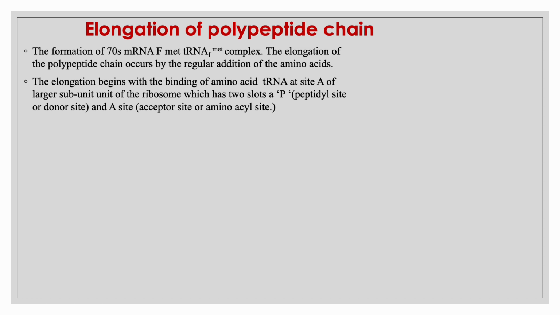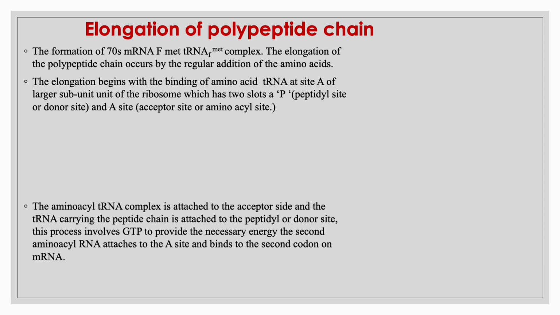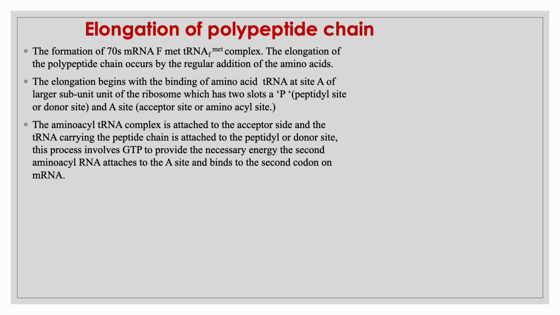The elongation begins with the binding of the amino acyl tRNA at the site A, that is the acceptor site of the larger subunit of the ribosome, which has 2 slots, P, or the peptidyl site or donor site, and A site, acceptor site or amino acyl site. The amino acyl tRNA complex is attached to the acceptor site and tRNA carrying the peptide chain is attached to the peptidyl or donor site.